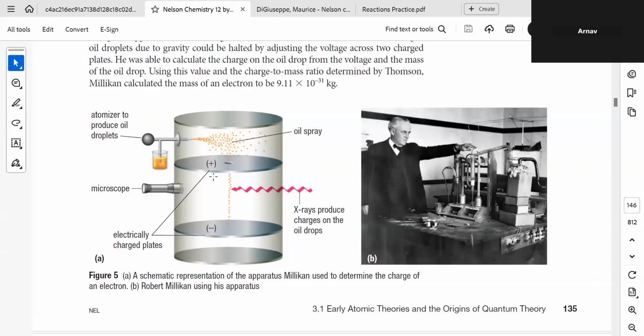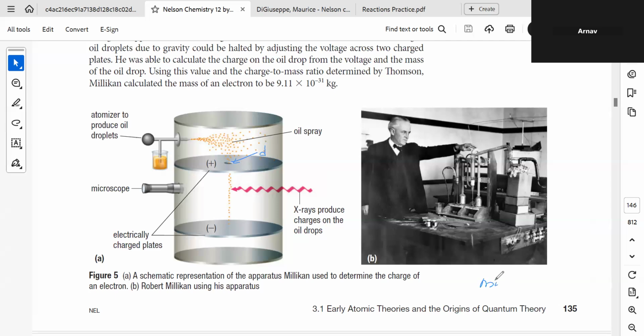Once you ionize, you apply voltage between the two plates in the second chamber. You don't allow the oil droplet to fall to the bottom.